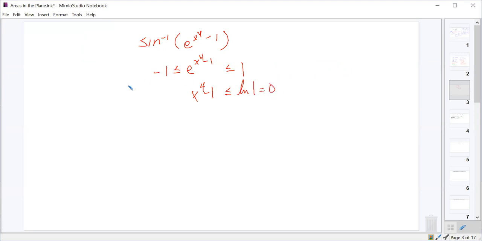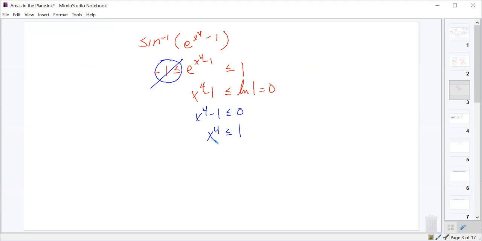And then on this side, we can sort of start to forget about this because we know that we're never going to get anything in here that is between -1 and 0, because then we won't be able to solve for x. So that can be ignored. So now we're looking at x to the fourth minus 1 is less than or equal to 0, which tells us that x to the fourth is less than or equal to 1. And that tells us that what?